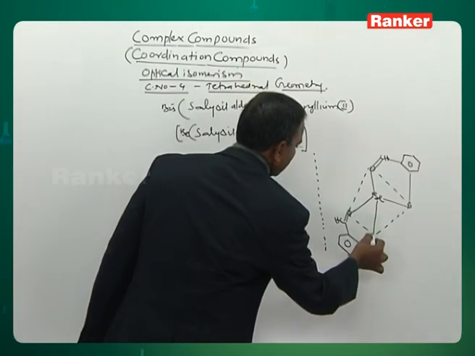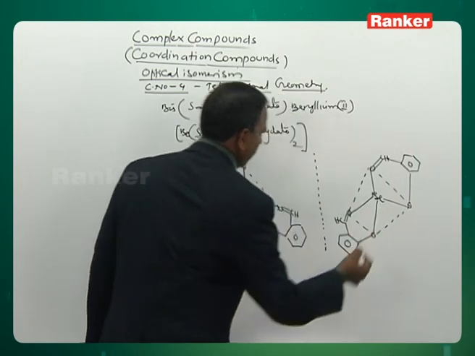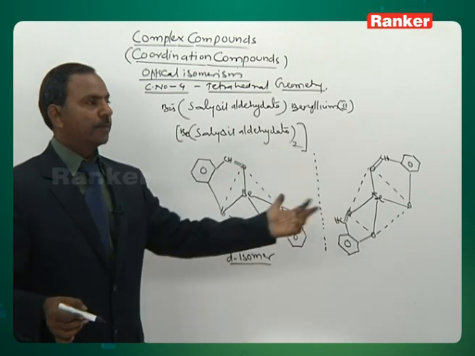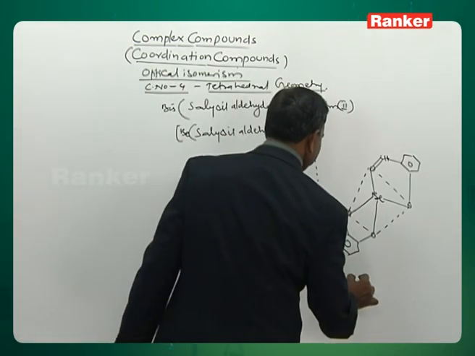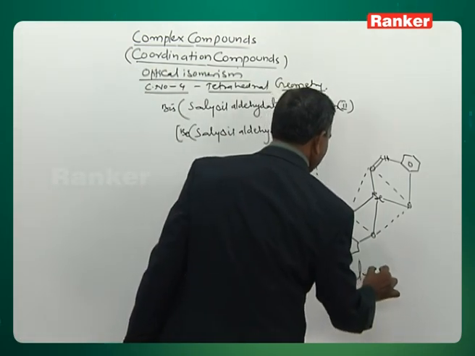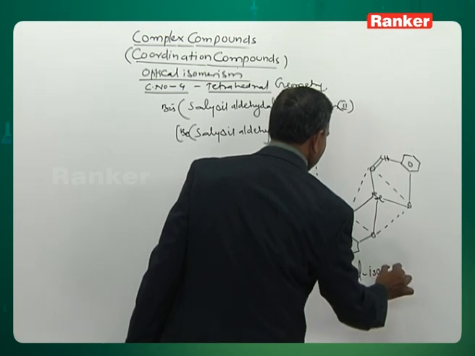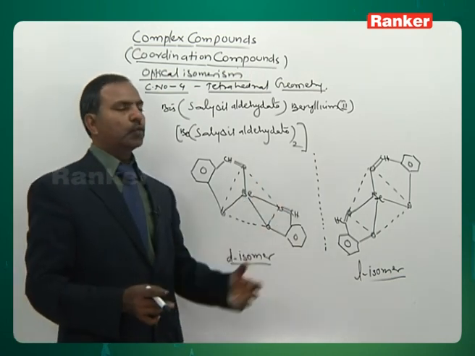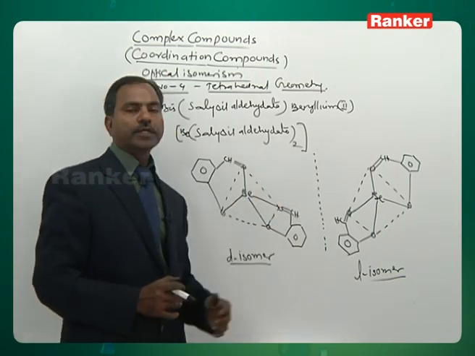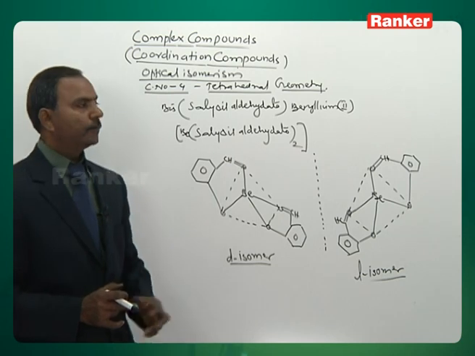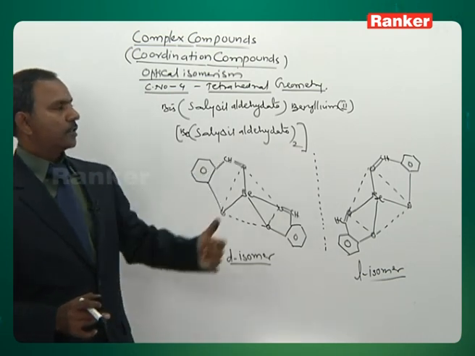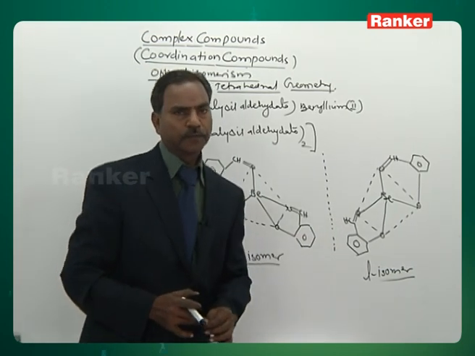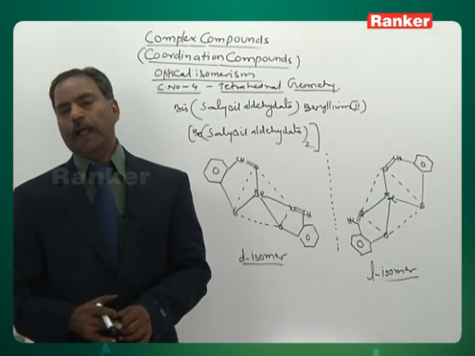Double bond O and this one. See, this is the D isomer. The next, the mirror image, you can say the L isomer. One is D, one is L. So these two complexes, bis(benzoylacetonato) boron 3 and bis(salicylaldehydato) beryllium 2, are tetrahedral complexes. They are found to be optically active.